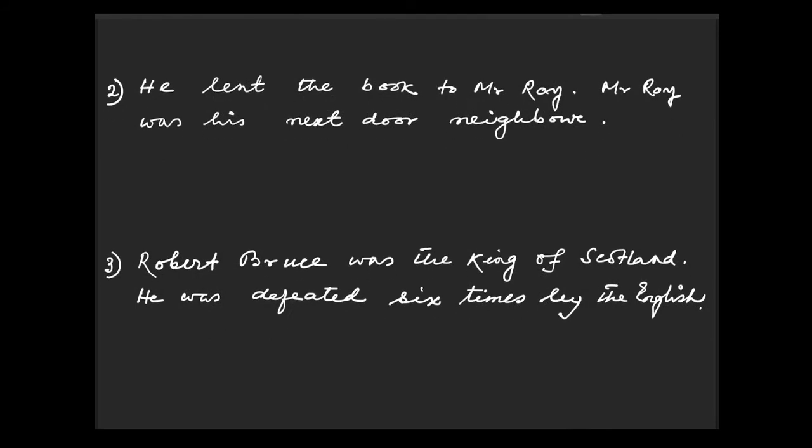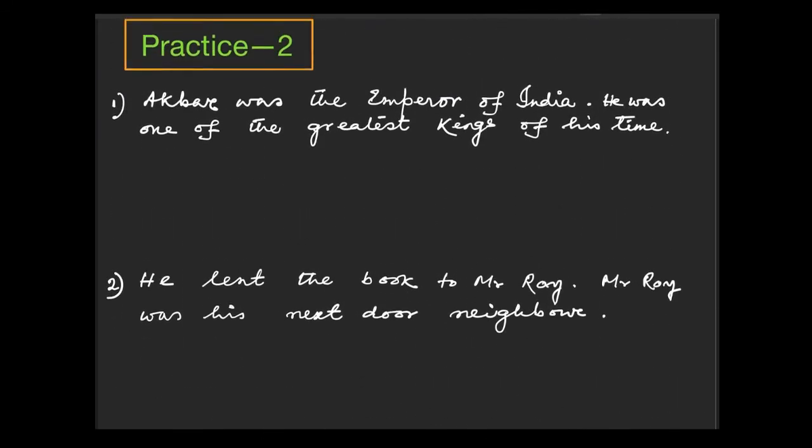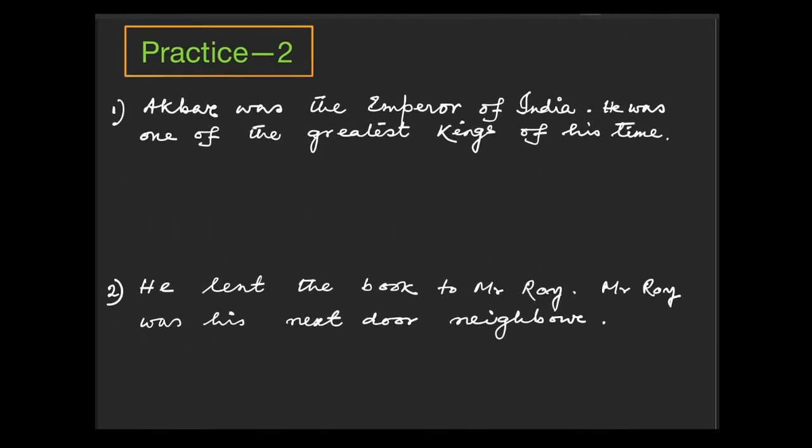Number 3: Robert Bruce was the king of Scotland. He was defeated 6 times by the English. Now pause the video and do the work yourself. When the work is done, come back and check your answer with my answers. Okay.